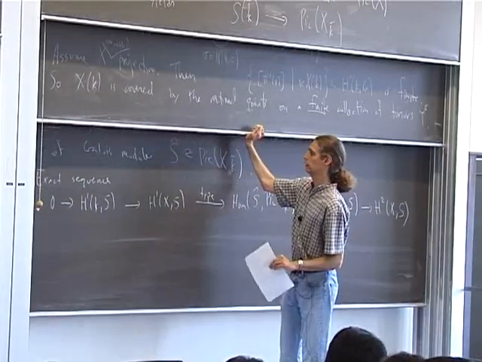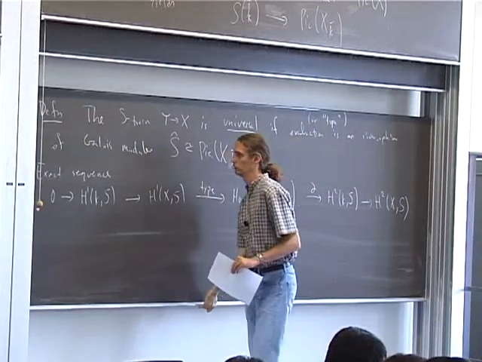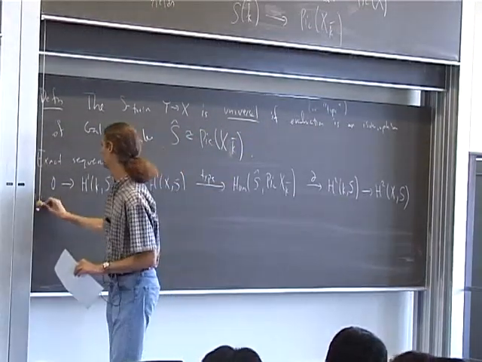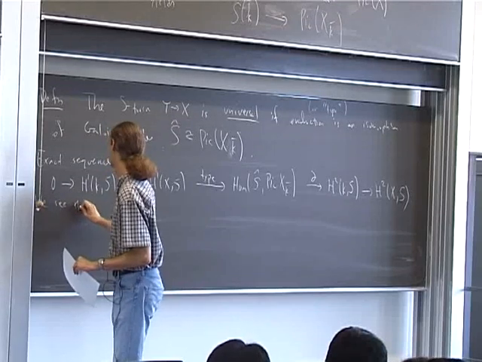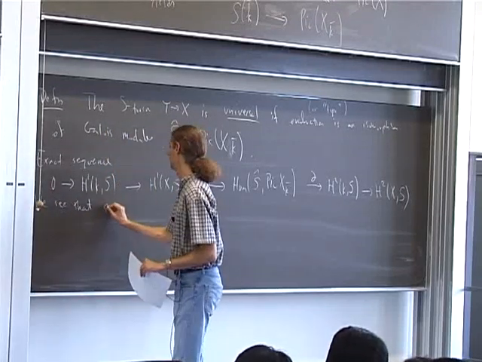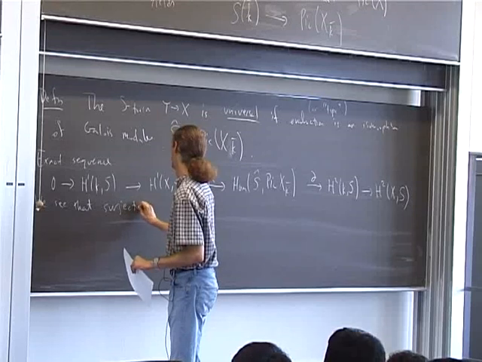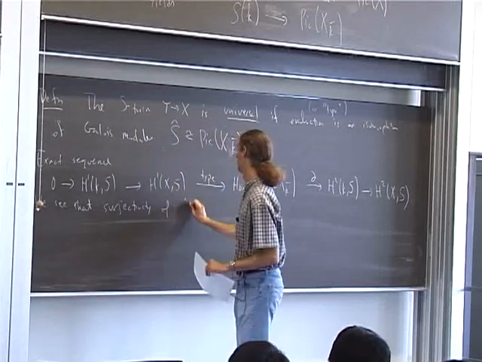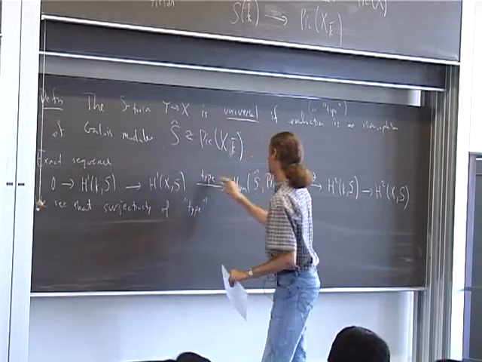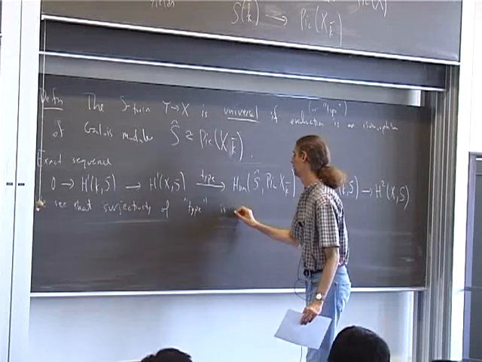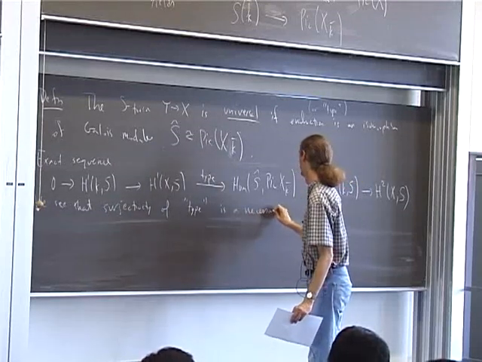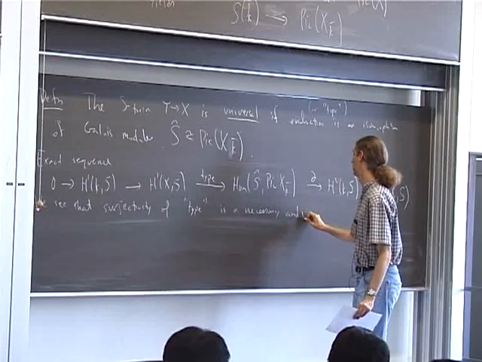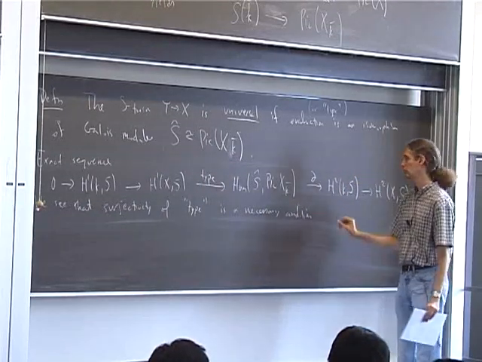So let me write that. So we see that surjectivity of this type homomorphism is a necessary condition for existence of rational points.